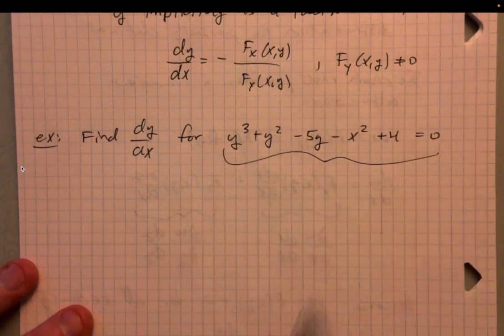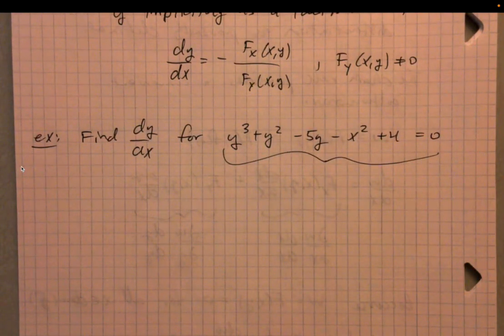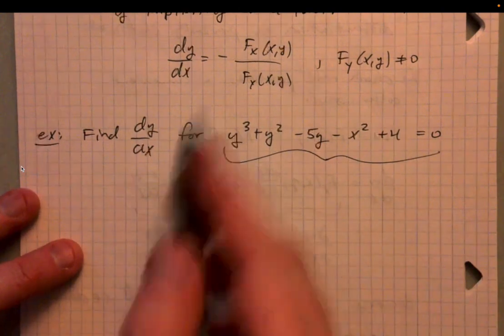Here y is implicitly defined as a function of x. Obviously, it's not explicitly defined, and it would be very hard to separate this out and write y explicitly as a function of x. But nonetheless, we maybe want to know the derivative of y with respect to x. Of course, we can do that using the previous theorem.